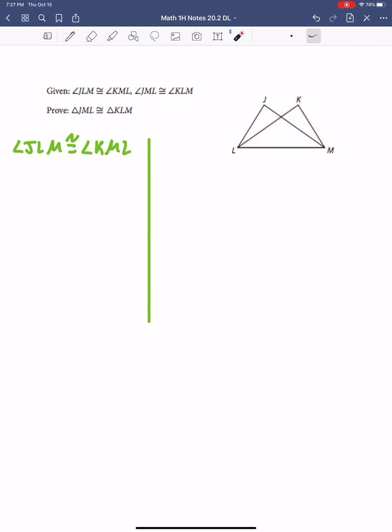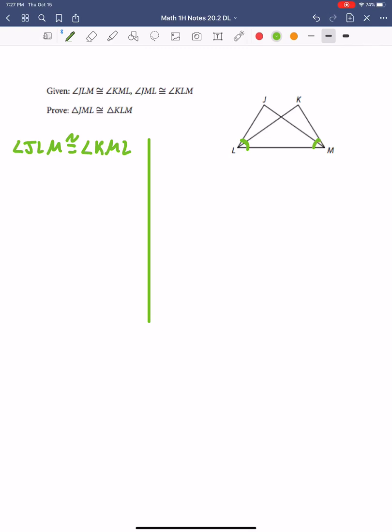And they overlap, right? So it's like two triangles overlapping here. So as I mark these, just pay attention to that. So first JLM, that's this angle down here, is congruent to KML. That's this angle over here.